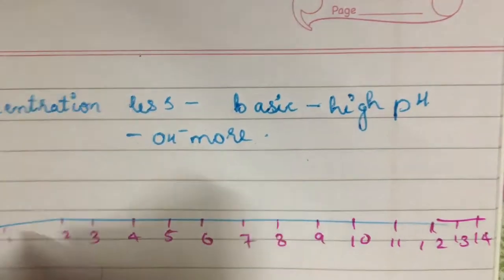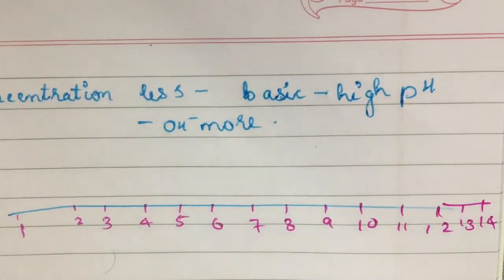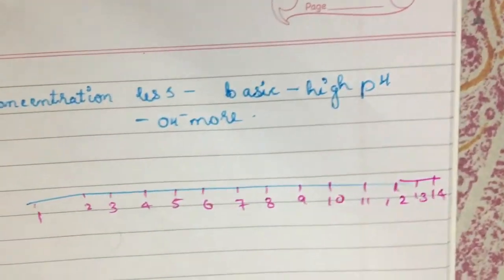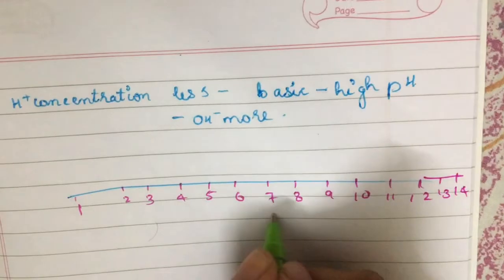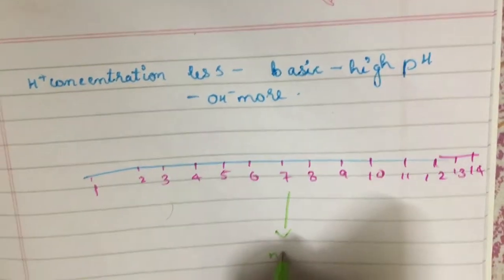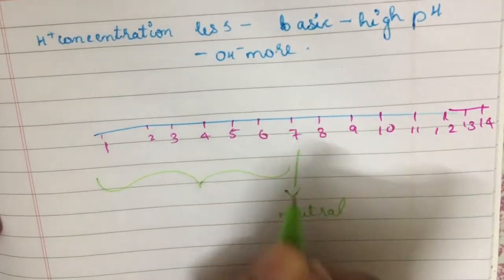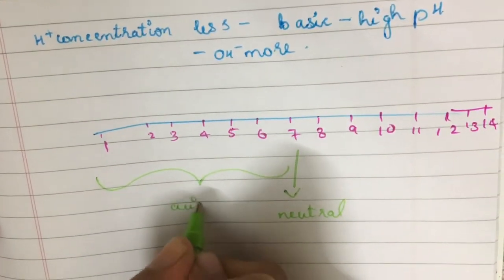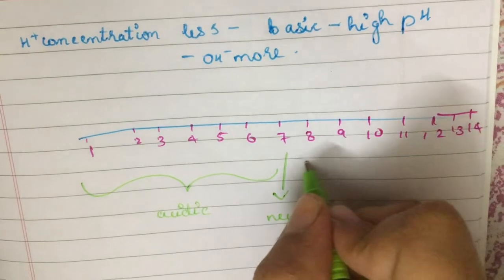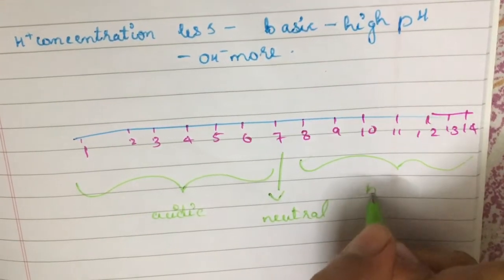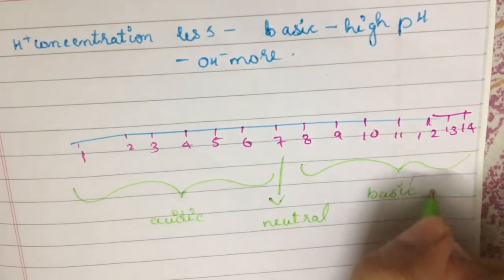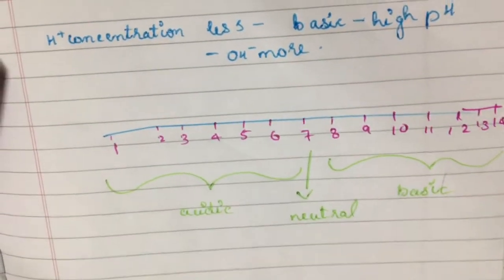If the range is 7, you all know the solution is neutral, and if it is below 7 they will be acidic. Above 7 means they will be basic, and the solution will be basic in nature.